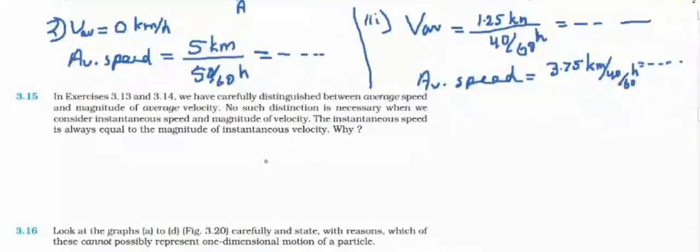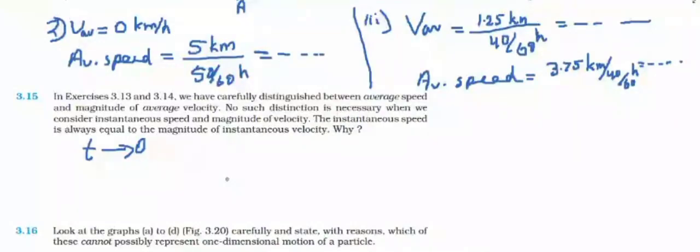Here, instantaneous speed and instantaneous velocity are considered. There is no time interval. We can say t tends to 0. So when t tends to 0, at an instant you have to calculate what the velocity and what the speed is.